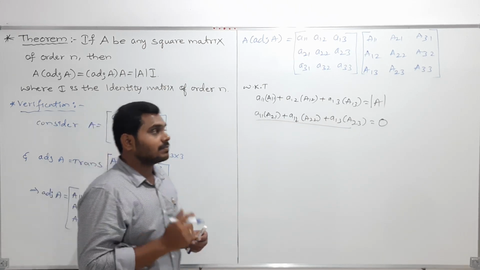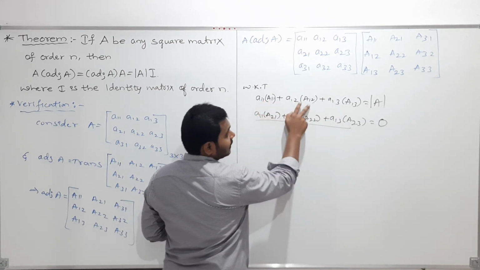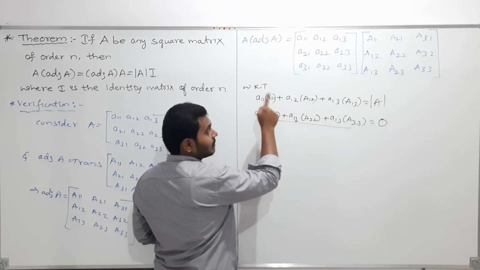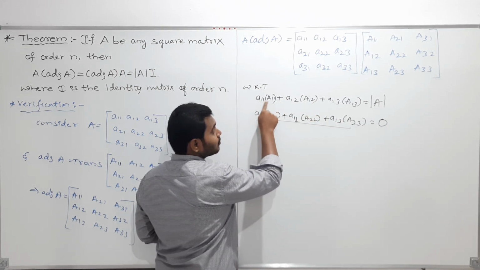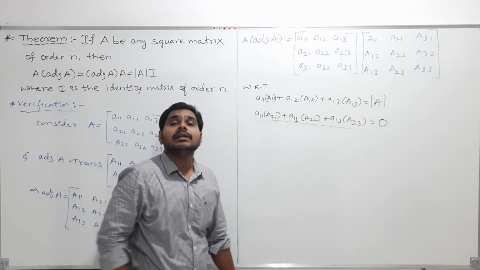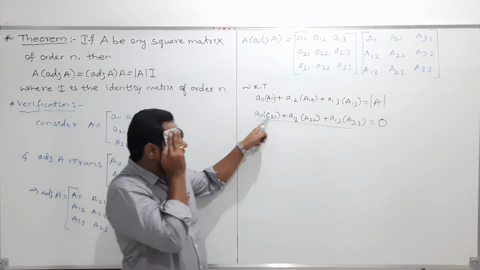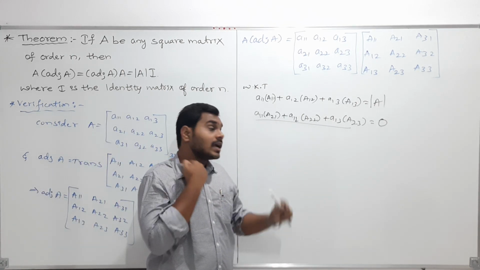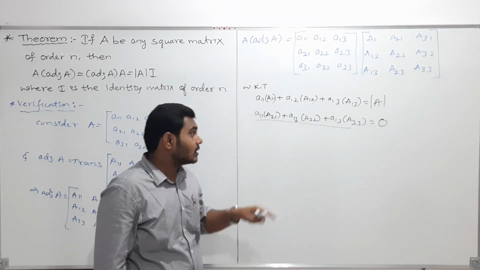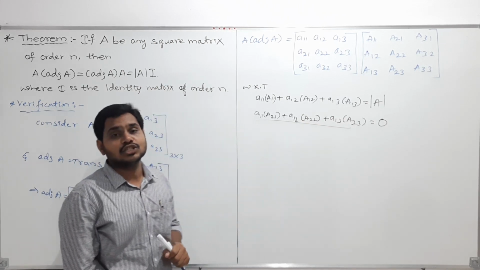So the result is very simple. The sum of the products of the elements of any row or column, if multiplied with the corresponding cofactors, will give us the determinant value. And if the elements of any row or column are multiplied with the cofactors of any other row or column, that value is equal to 0.